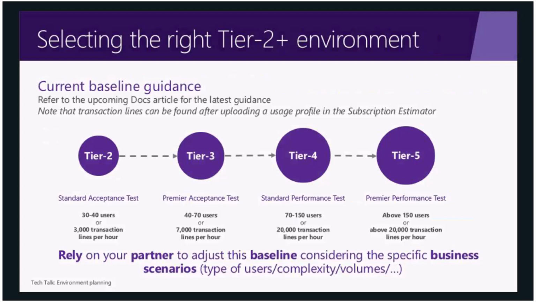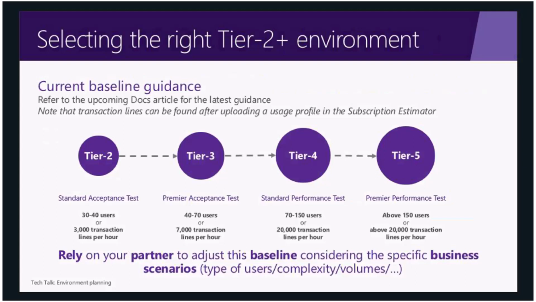We're providing this baseline guidance, but do make sure to work with the partner to adjust the baseline and to consider the business-specific scenarios. It could be really the type of users you may have. It could be the complexity of the different scenarios. It could be the volumes.